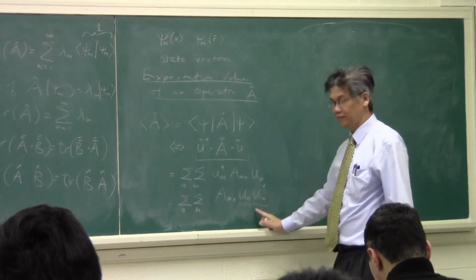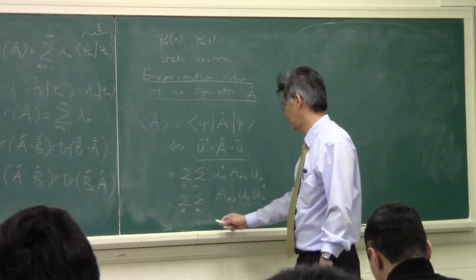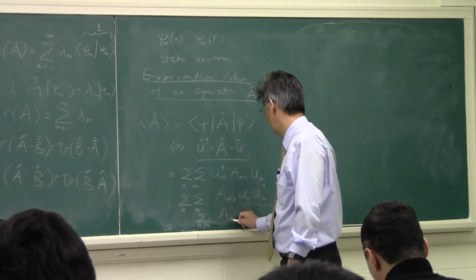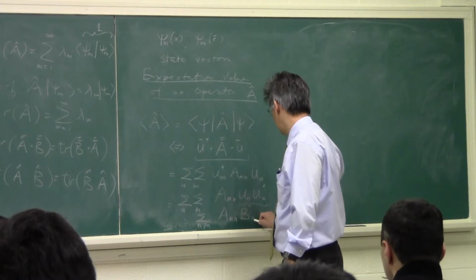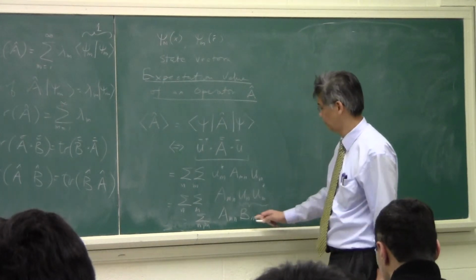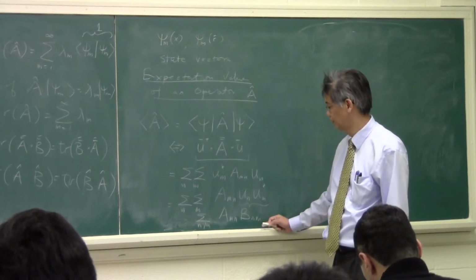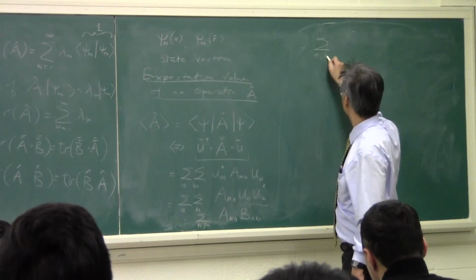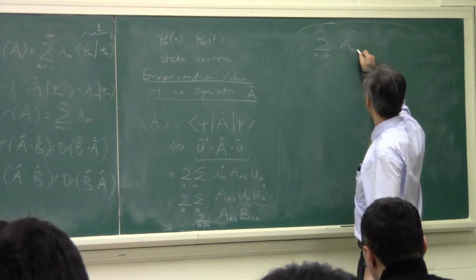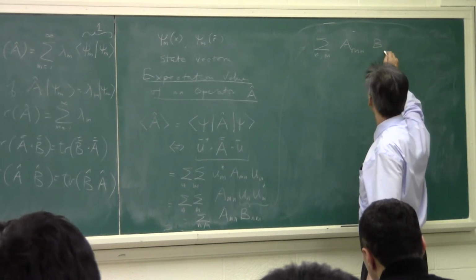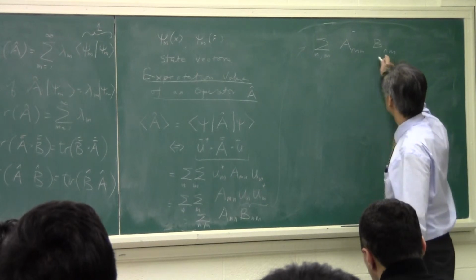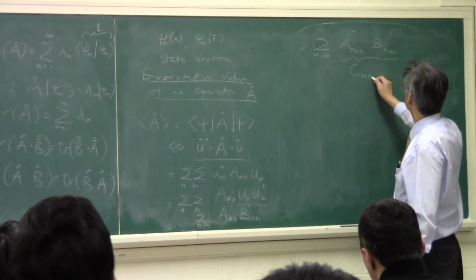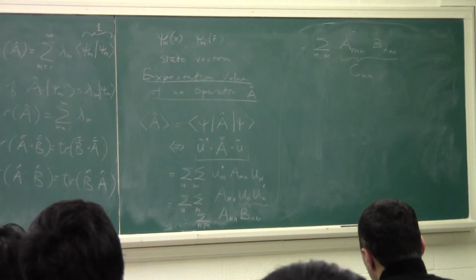So you can think of this as a matrix. So this is like A_MN times B_MN, kind of thing. And what do you recognize this as? Sum over n, m of A_MN B_NM. So this gives you a matrix C, but then you make the first index and the last index the same.